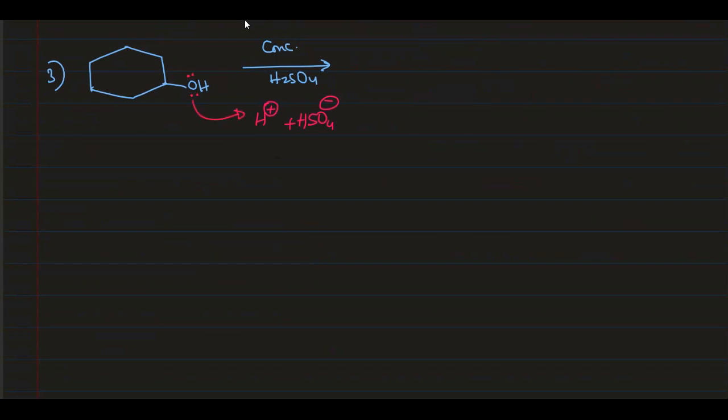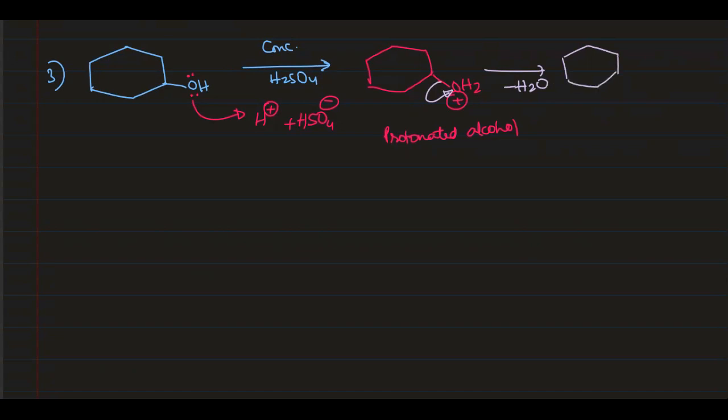So here, rather than HSO4 minus attacking, H plus attacks the alcohol. So it forms this type of molecule, which is called protonated alcohol. This protonated alcohol is very unstable, and it is ready to lose this bond to the oxygen such that it loses water and forms a carbocation like this.